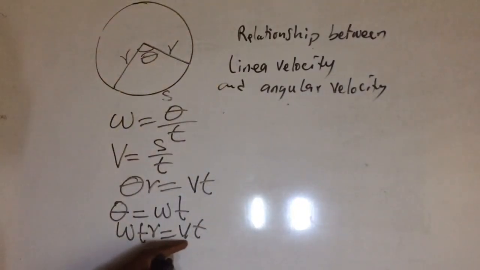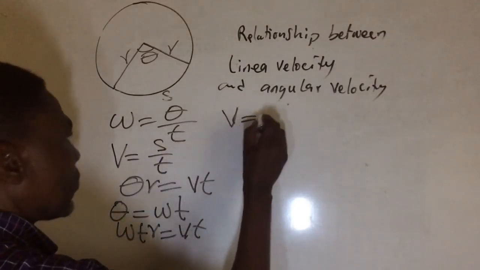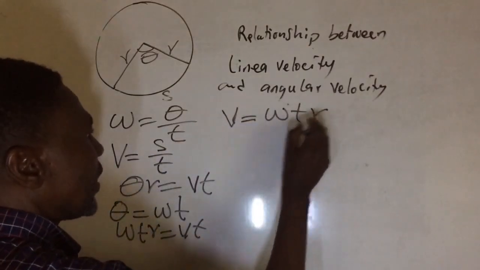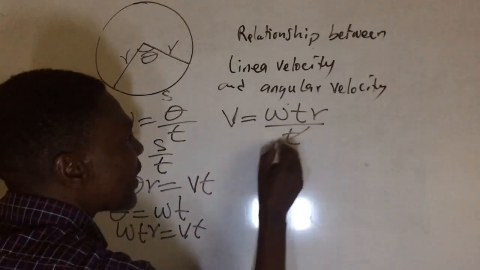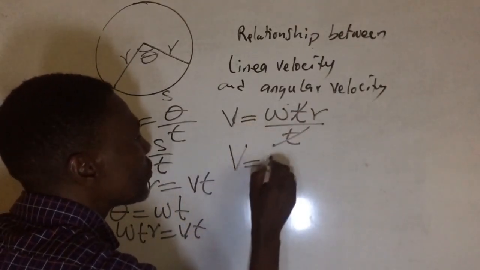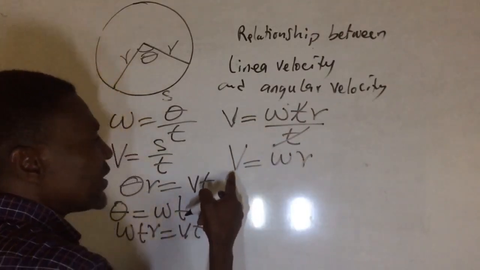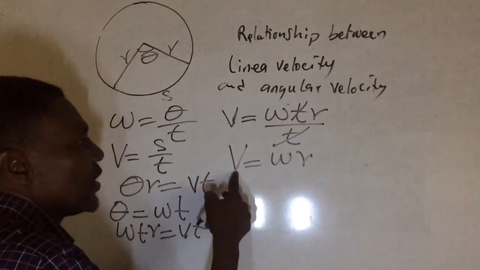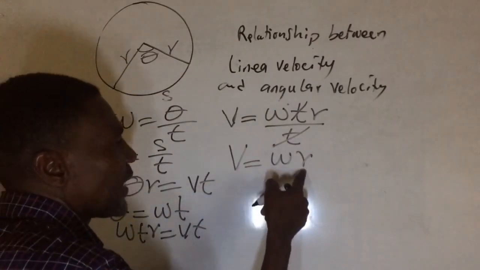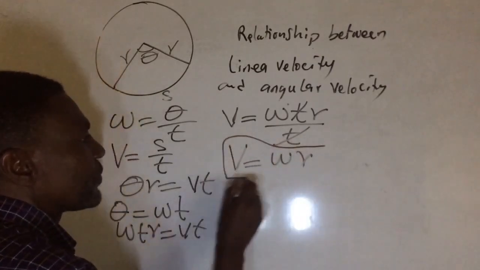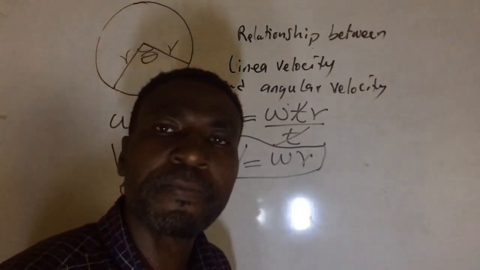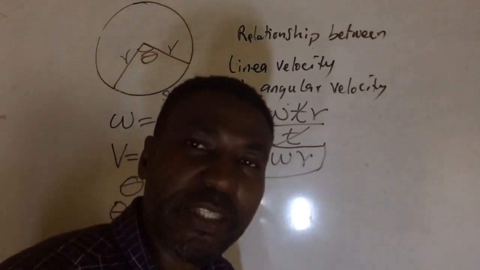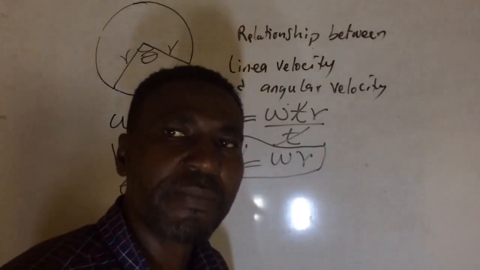Now, making v the subject of the formula, we have v equals wtr all over t, okay? Time cancels time, and it will remain only v equals wr. That is, linear velocity equals angular velocity multiplied by the radius of the circle. So this formula is the relationship between angular velocity and linear velocity.